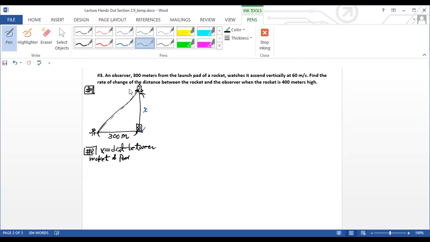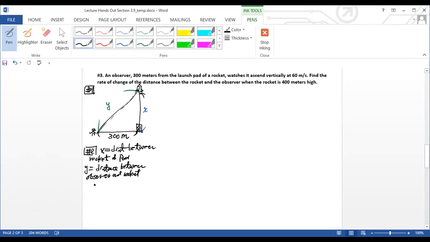And then we also have another variable here. This is y, right? So let's say y is the distance between the observer and the rocket. All right, and we also put all the known and unknown variables there.